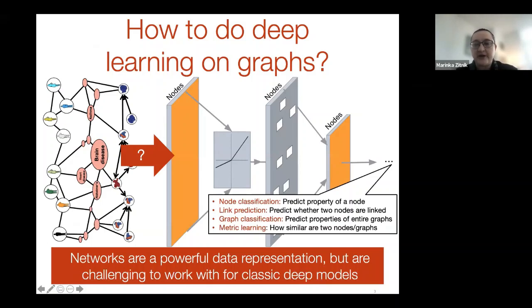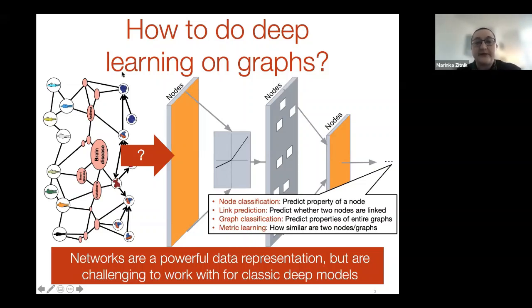In machine learning, when we have a graph-based representation of our domain or data sets, a very natural question to ask in recent years has been: how can we operationalize these data representations in order to extract new insights or make new predictions? That question typically leads to developing models that can do deep learning on graphs.